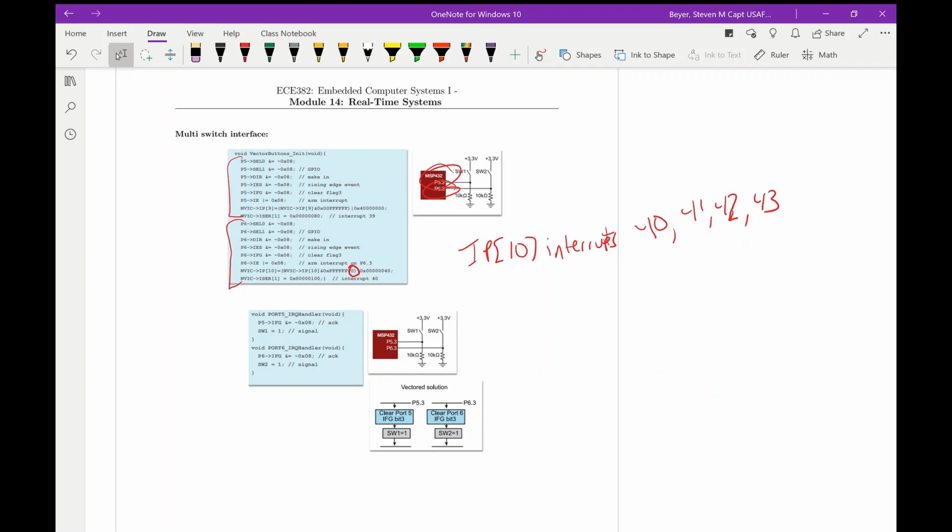So if we go into IP10, we take bits 7 through 5, so let's go 7, 6, 5, 4, 3, 2, 1, 0. Okay, so that's that first byte. We break it up here. We're setting it to 40.